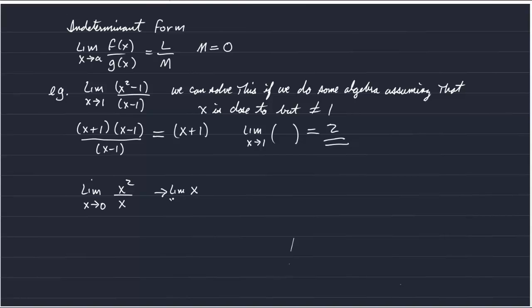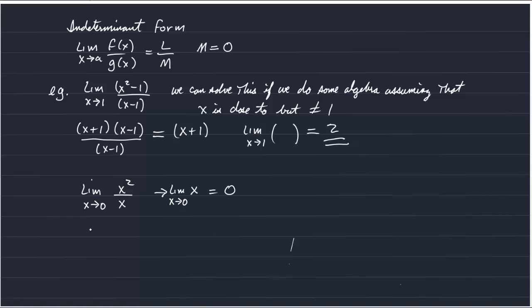So the limit as x goes to 0 of x squared over x is equal to the limit of x, and that's equal to 0. And you might understand that in the sense that as x becomes very small, x squared becomes smaller more rapidly than x. So that's why as x approaches 0, the limit is equal to 0.